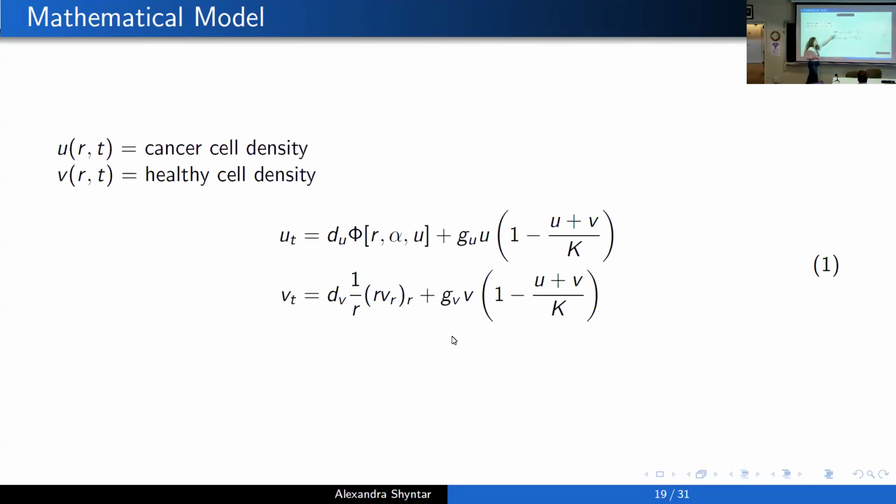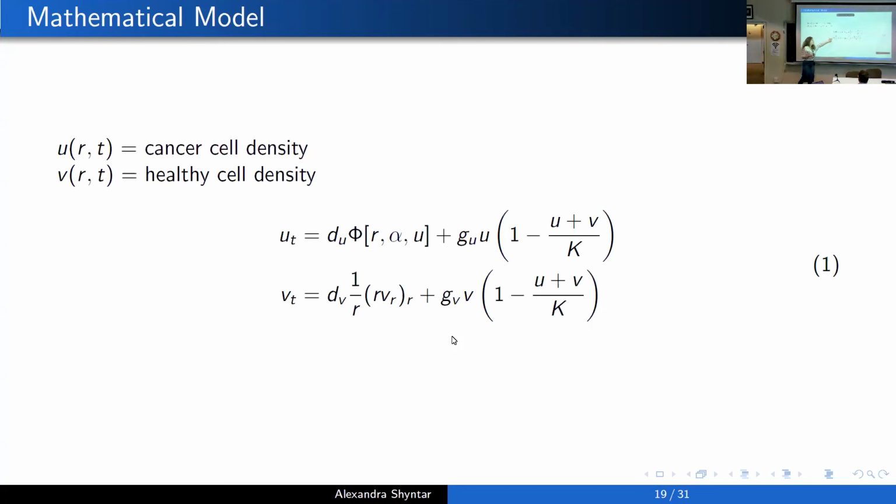The first term is the movement term, where phi was the term for the anisotropic diffusion, and dU is the diffusion coefficient. The second term is the growth term, where GU is the growth rate of the cancer and K is the carrying capacity. The second equation describes the rate of change of the healthy cells with respect to time.